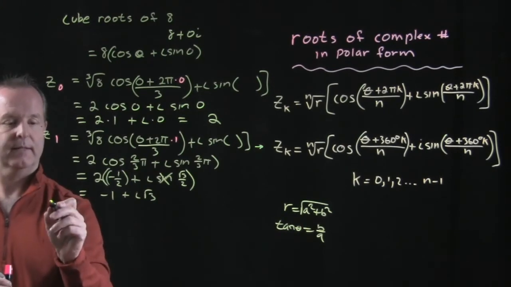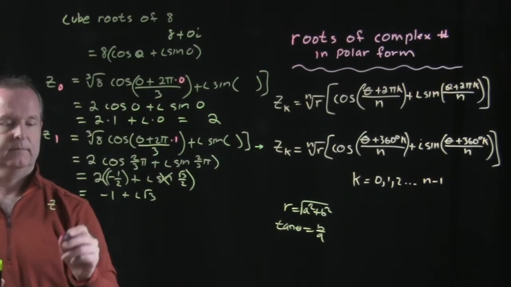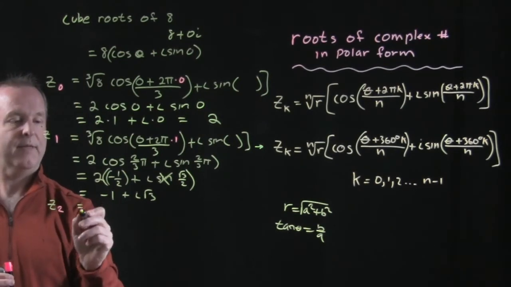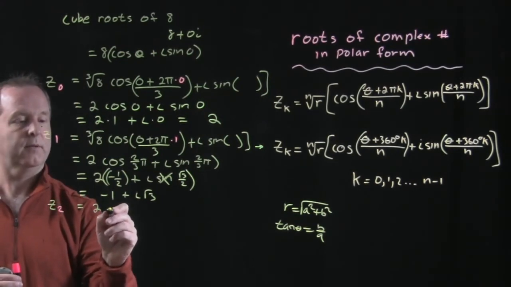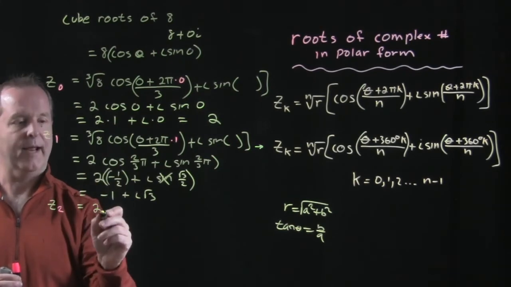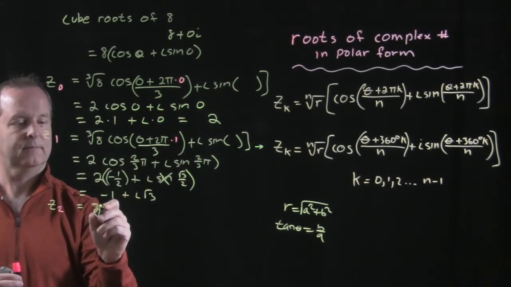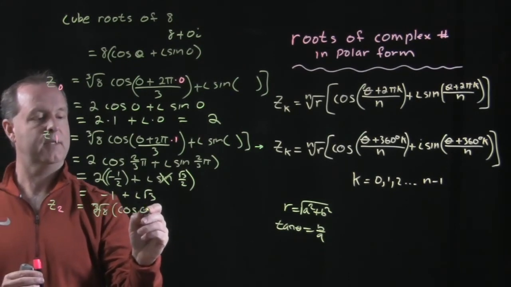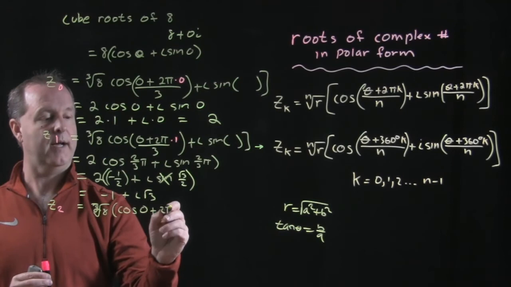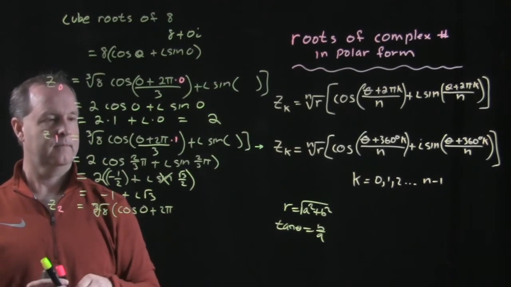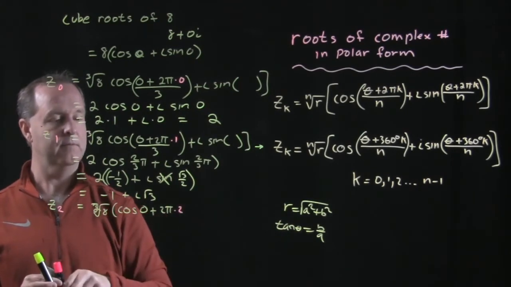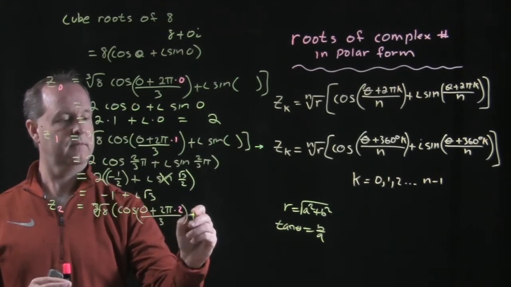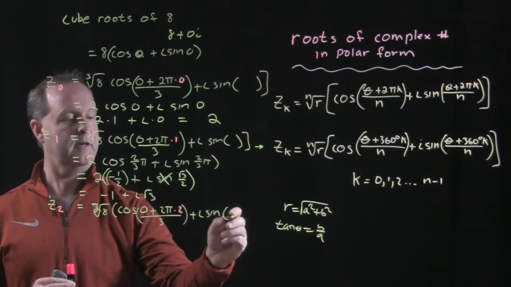And then our last point, since we're looking for 3 roots, this is my third go around. The cube root of 8, got ahead of myself, times the cosine of 0 plus 2 pi times 2, all divided by 3, plus i times sine of the same argument.